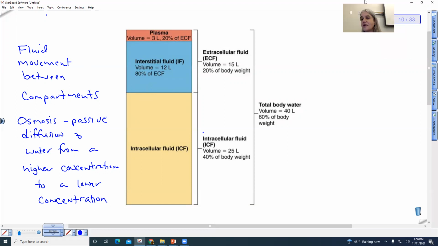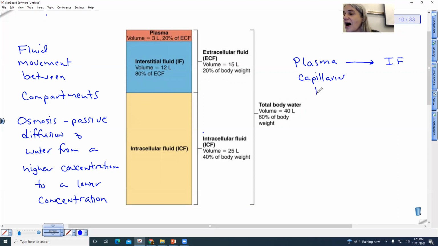So when we look at between the plasma and the interstitial fluid, IF, we have this occurring at the capillaries. This is where we have exchange. The capillaries tend to be leaky.